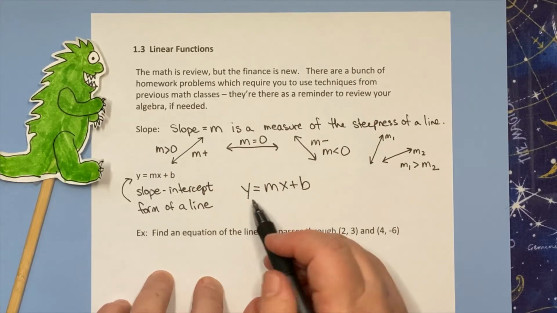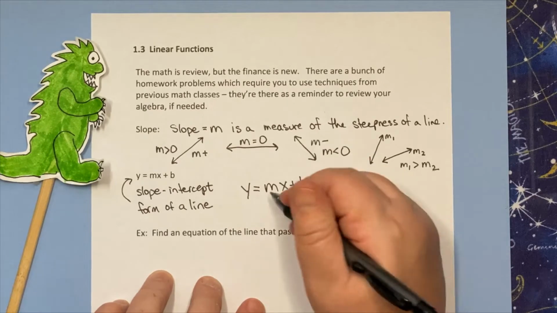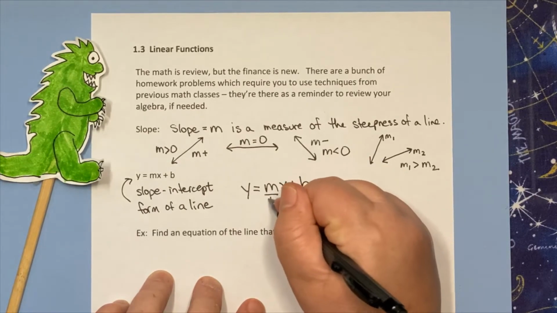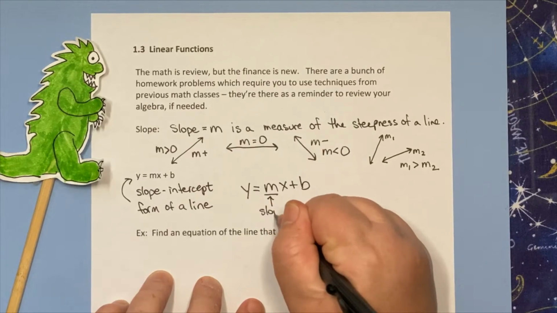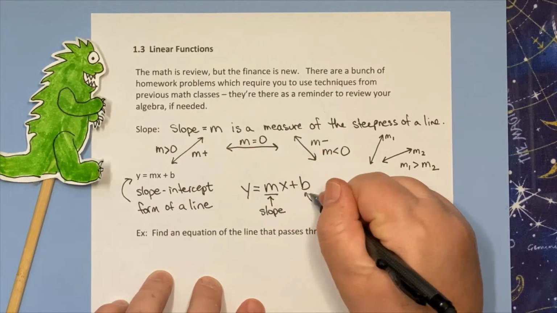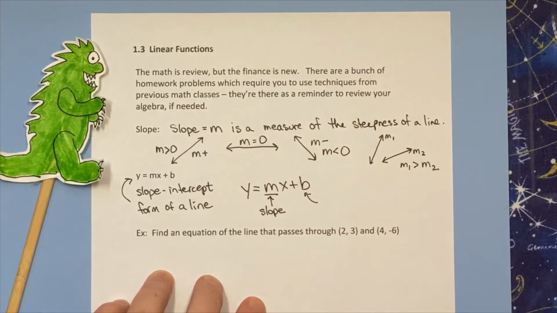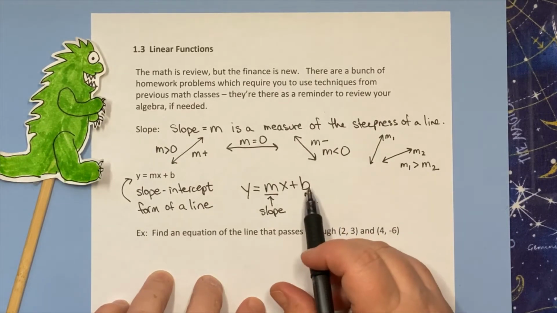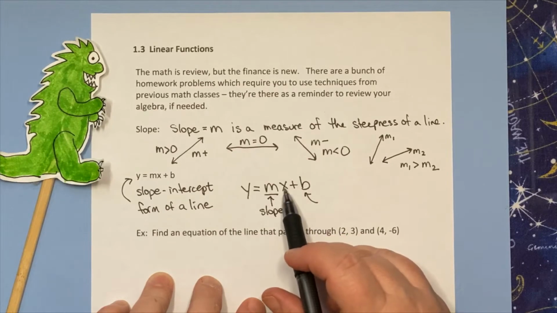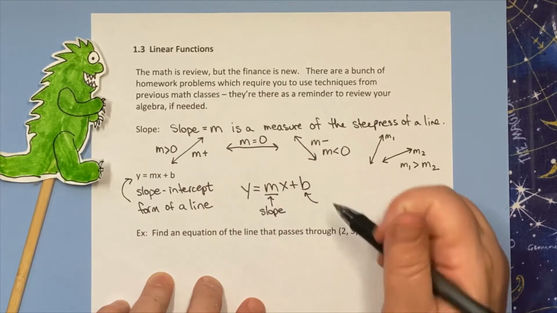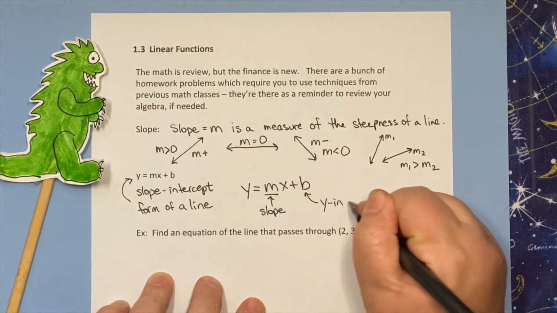So if you solve for y, then you're guaranteed that whatever number ends up in front of x, that's the slope. And we're also guaranteed that whatever number is off by itself, the constant, this is going to be the intercept. This is the intercept when x equals 0. So this is the y-intercept.